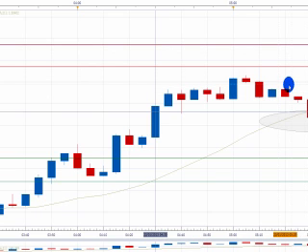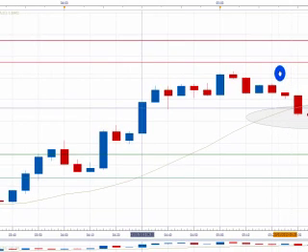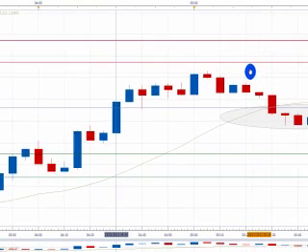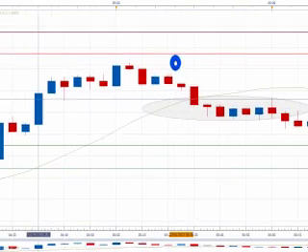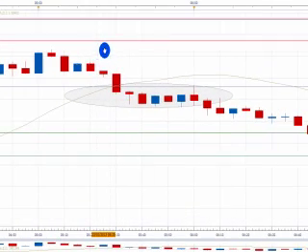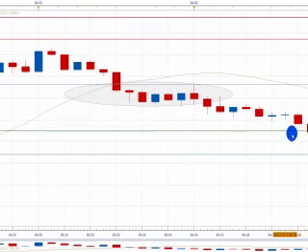Now let's see how this trade would have materialized. Immediately after we place our order, there we go. Without any pain, we hit our 20 pip target.